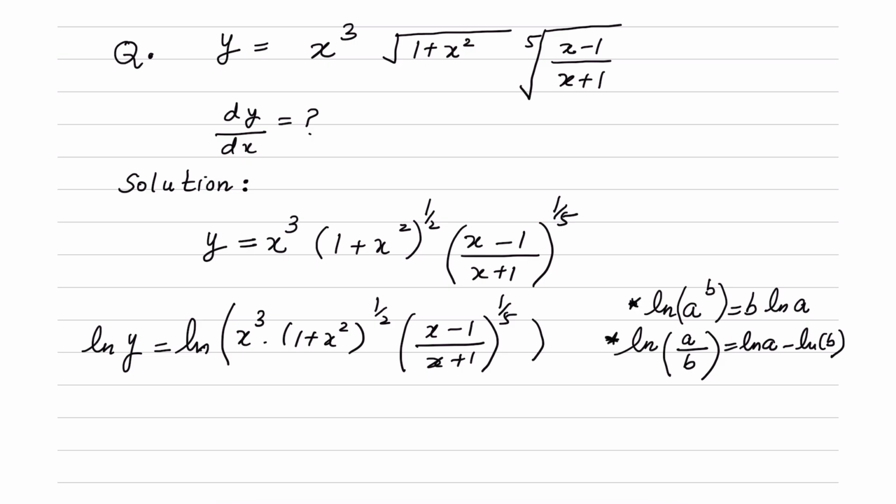In addition to these two log properties, let's also look at the third log property, which says whenever two terms are being multiplied and you have to take ln on these terms, then you can write this as ln a plus ln b. Means the product could be written as the sum. Let's say you have three terms, a into b into c.